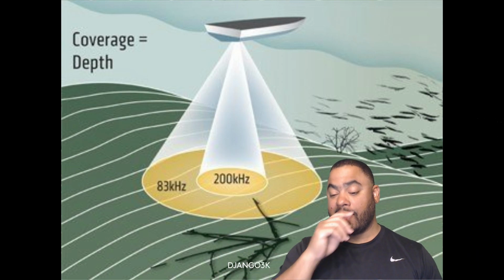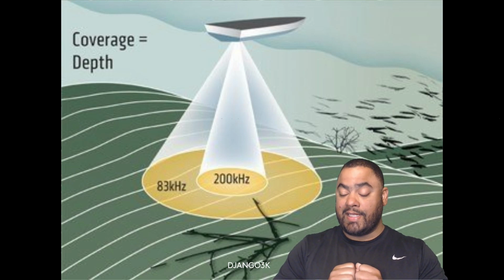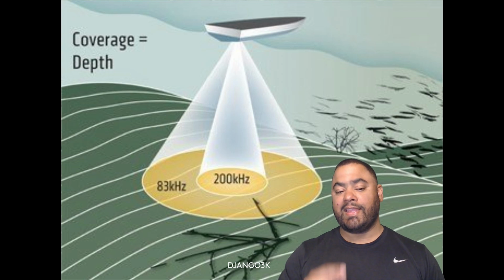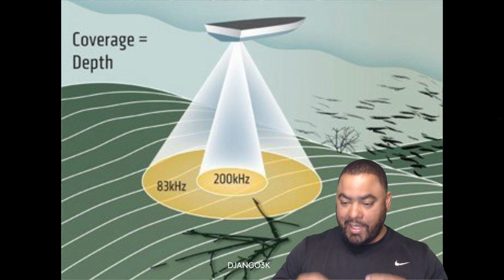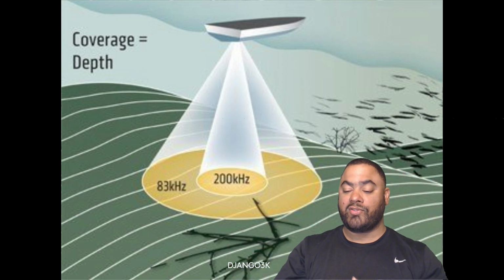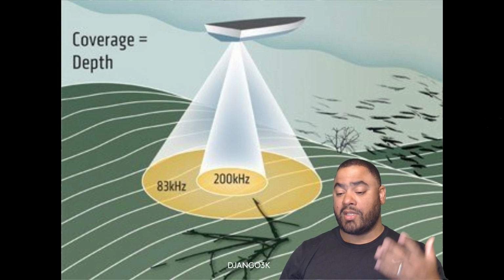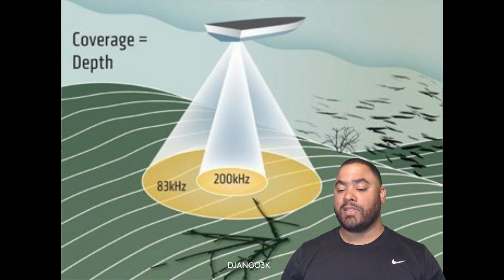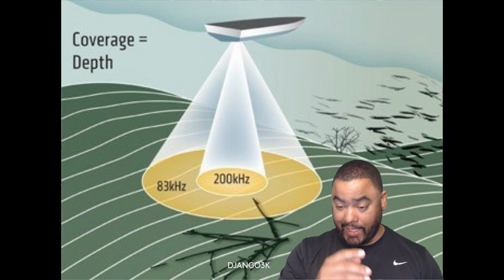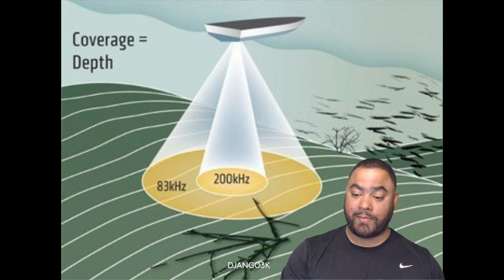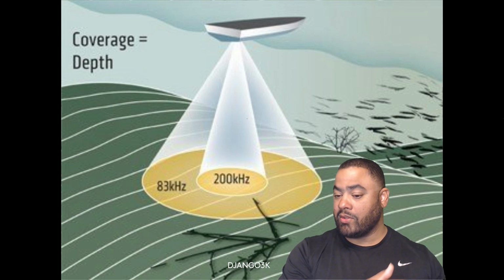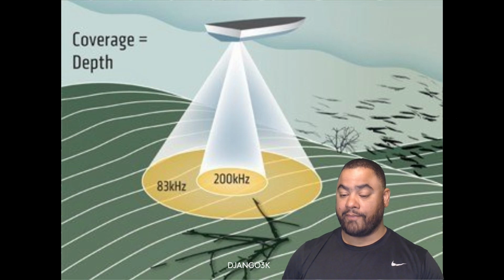That's the same way this ping works on your transducer. It sends out a ping, and as it goes through the water column, it expands out. Anything in that water column just beneath the transducer bounces the ping back, and the transducer registers that interruption as an object or structure in the water. A lot of times you can see that represented as a fish, trees, or the bottom of the lake on your graph.